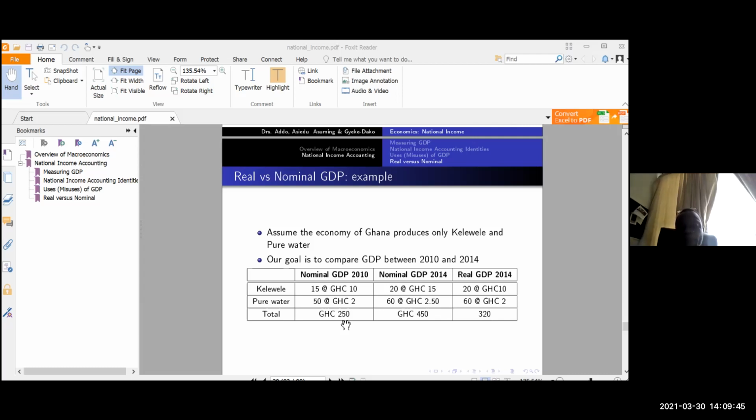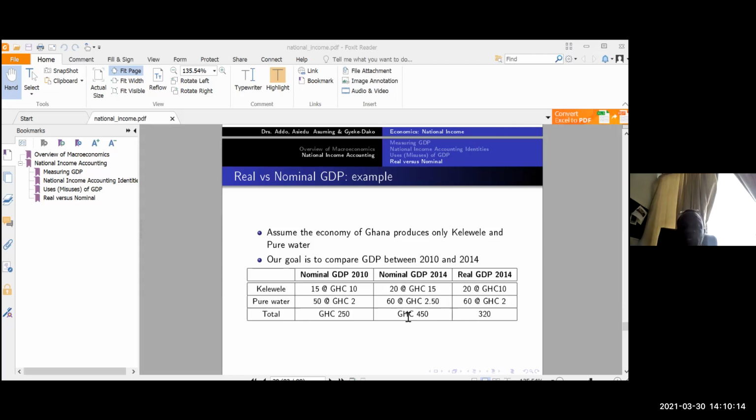Come 2014, the economy produced 20 bags, so more, and we sold each at 15, not 10 as in 2010. Prices are increasing. The economy also produced 60 bags of sachet water and sold each at 2.5.